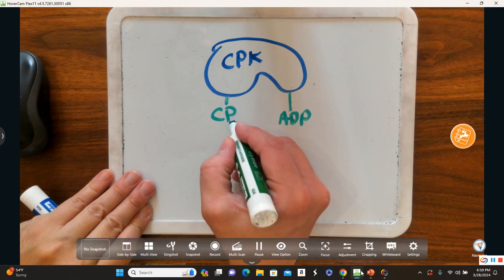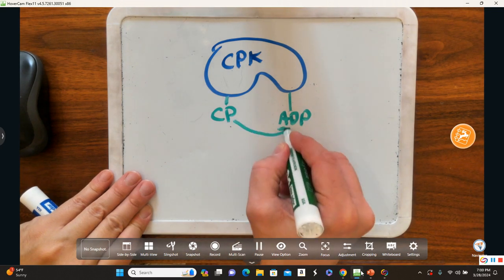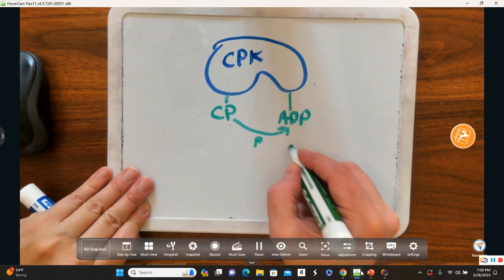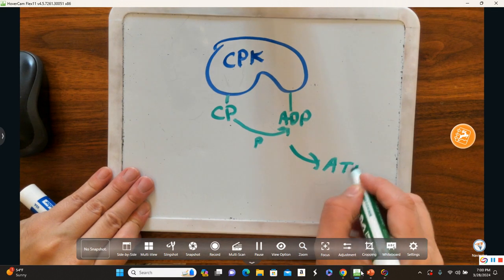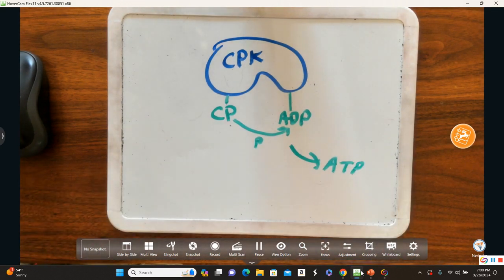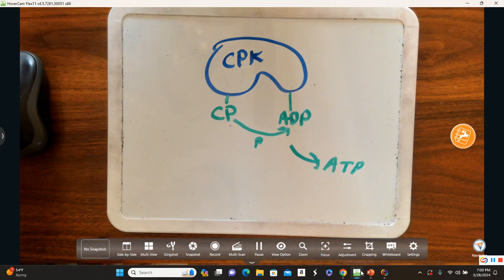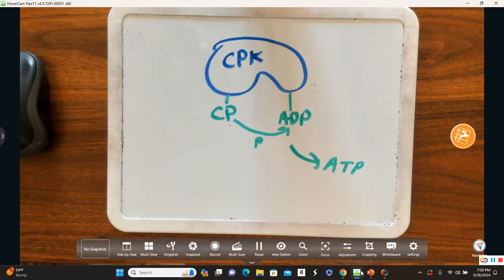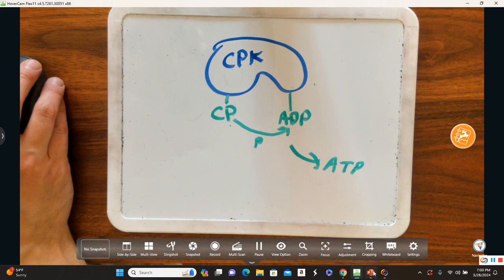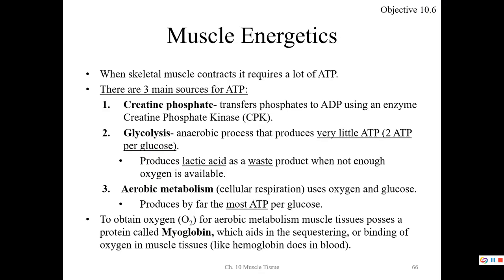What we're going to do is take this phosphate and give it here and make ATP. There we go. A little biochemistry there, okay? Creatine phosphate kinase is an enzyme that takes the phosphate off creatine phosphate, gives it to ADP, and makes ATP. We know what ADP, adenosine diphosphate, is. It phosphorylates ADP to make ATP.